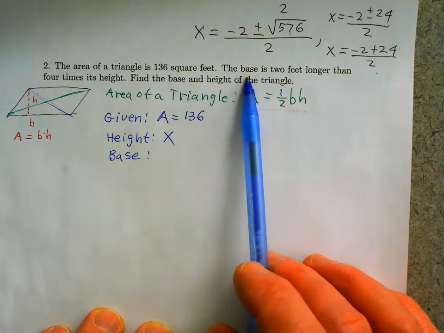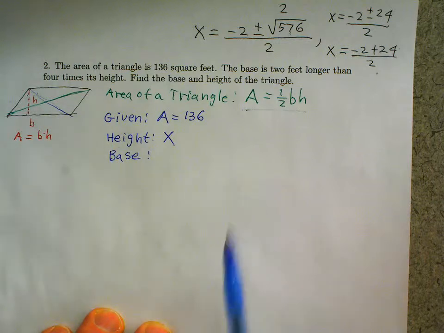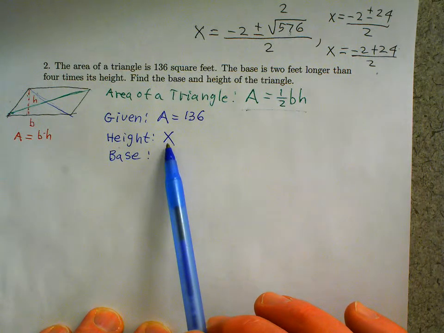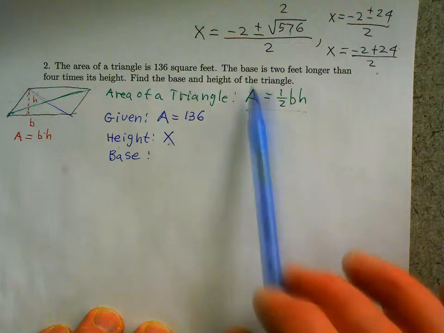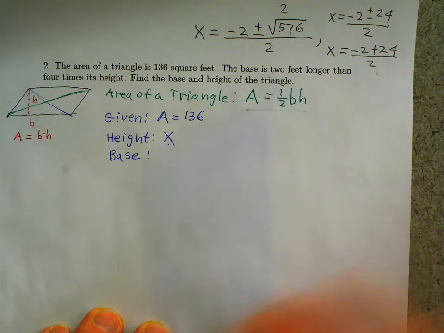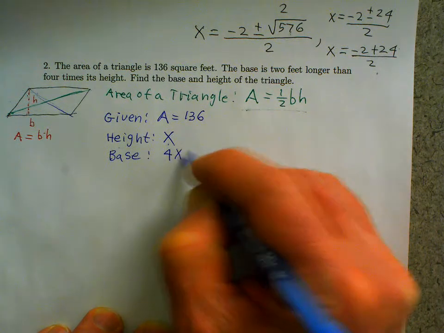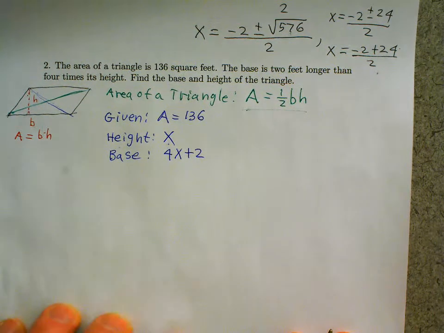It says the base is 2 feet longer than 4 times the height. Since the height is x feet, 4 times the height is 4x, and the base is 2 feet longer than 4x. So the base is 4x plus 2 feet. Okay, do you see how that works?